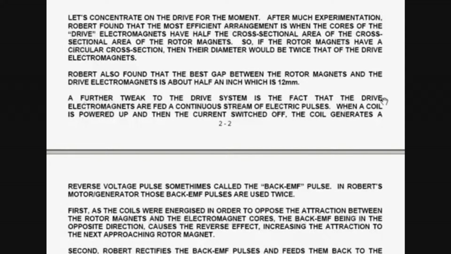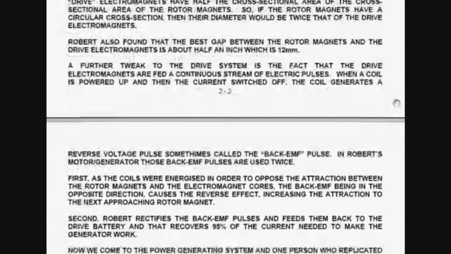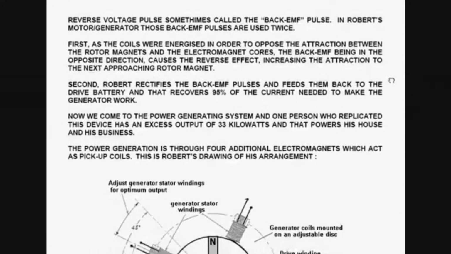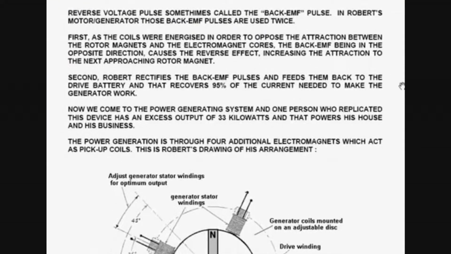A further tweak to the drive system is the fact that the drive electromagnets are fed a continuous stream of electric pulses. Now, when a coil is powered up and then the current switched off, the coil generates a reverse voltage pulse, sometimes called a back EMF pulse, a term which annoys some electronic purists no end. In Robert's motor generator, those back EMF pulses are used twice.